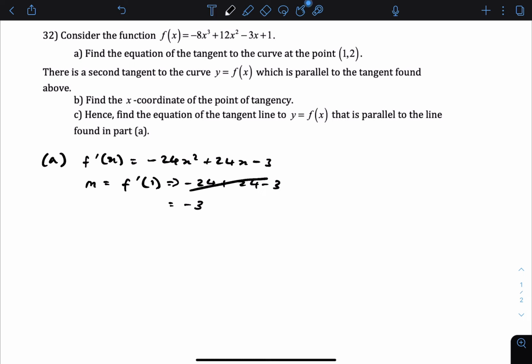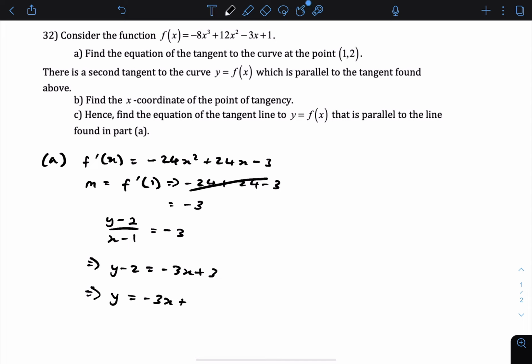So given that the gradient is negative 3, we know that (y minus 2) over (x minus 1) is equal to negative 3 because we're using the gradient function here. So we get y minus 2 is equal to negative 3x plus 3. So therefore, y is equal to negative 3x plus 5.